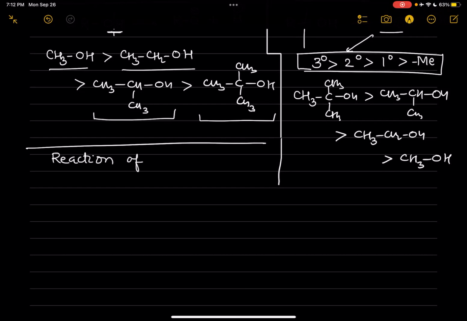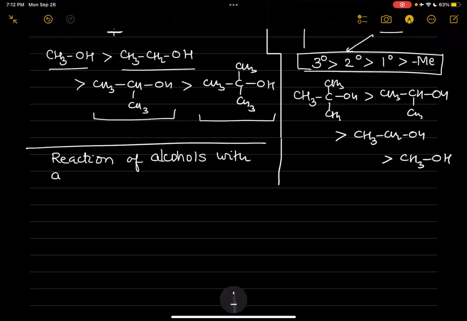Reaction of alcohols with active metal. So tell me what happens if you put sodium in water. You must have seen it in your school also.